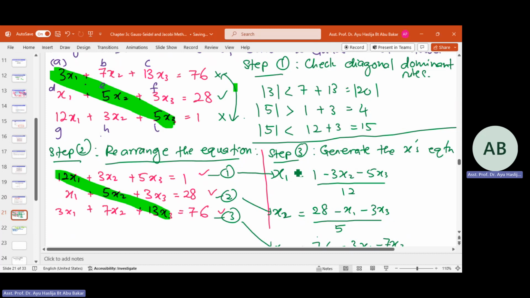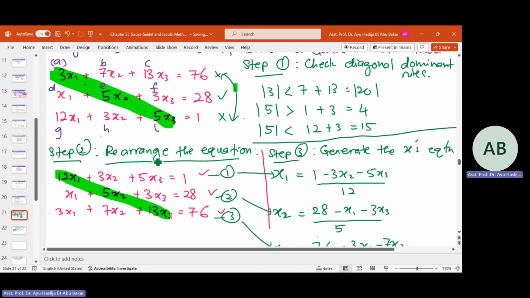generate the axis equation. Okay, in your answer in assessment, you must show this step 1 because you want to prove whether the equations are fulfilling the rules or not. I had previous students, they skipped step 1.